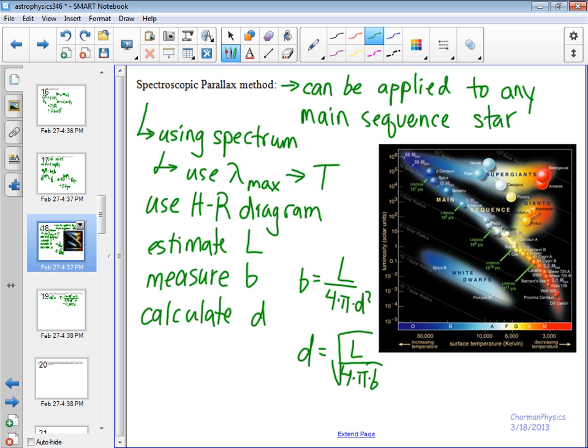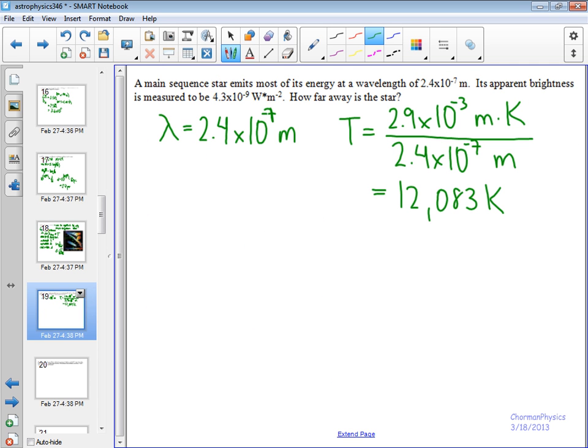Oh yes, we have to go to the HR diagram. At about 12,000, we come up here. I've drawn this a little off, but we'll say 12,000 is approximately there, which gives about 100 times the luminosity of our Sun.